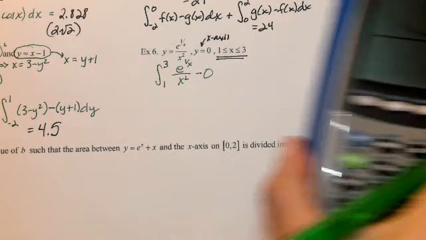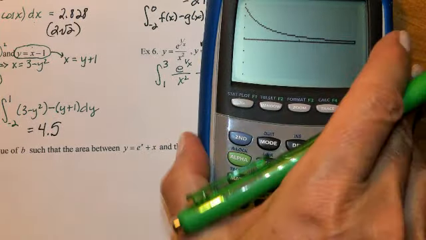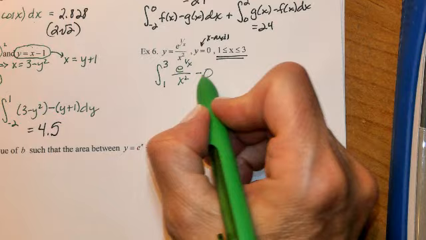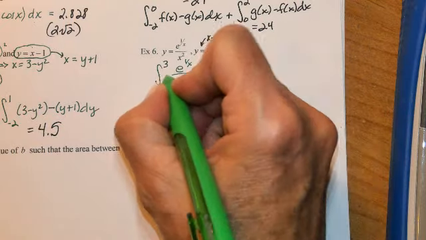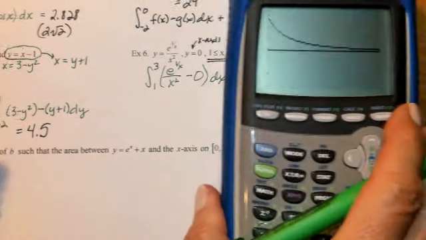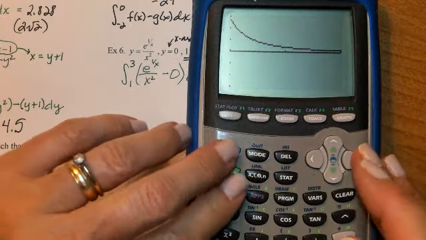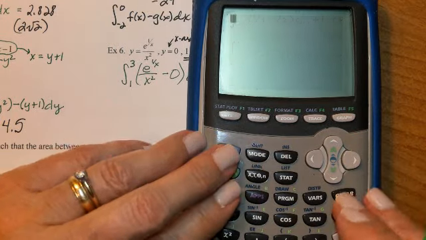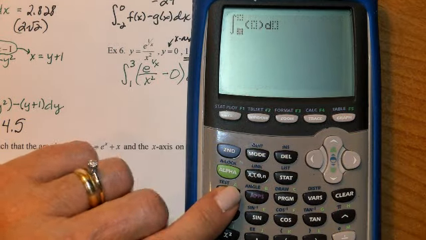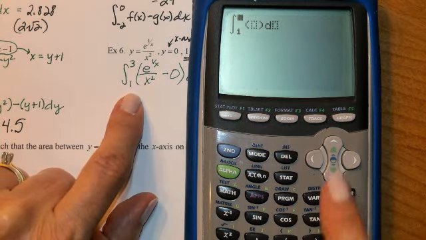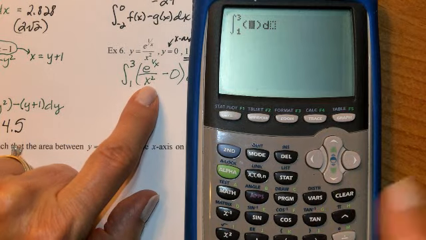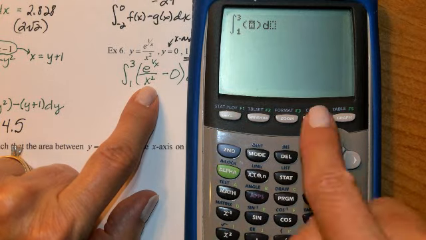Minus 0, because we're going with the x-axis, right? So you don't have to put minus 0, of course. Dx. So go to your home screen, math 9, 1 to 3 of, and that's just my y1, right?